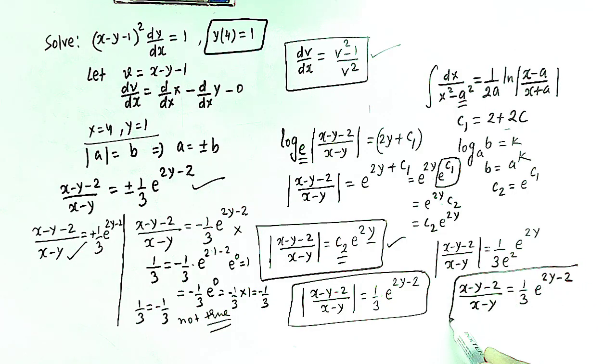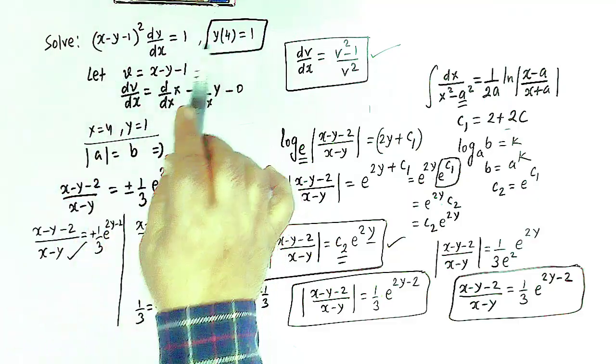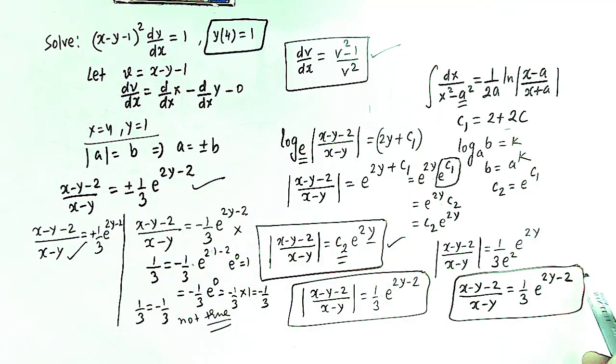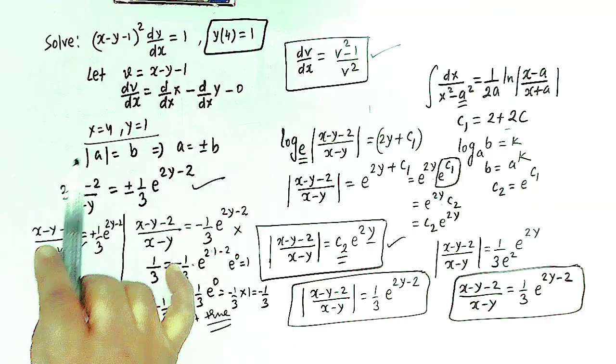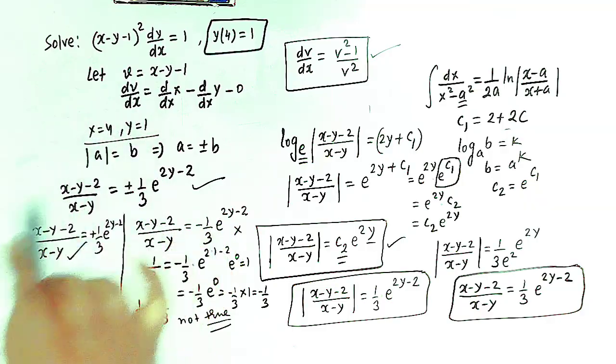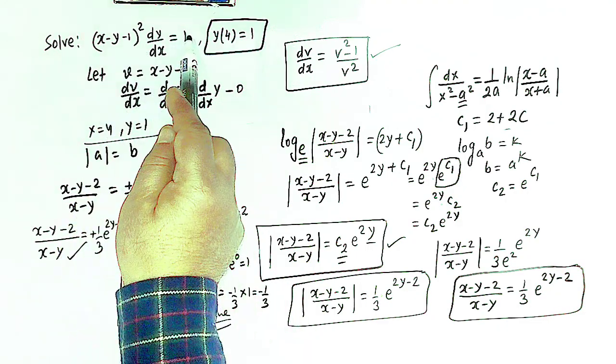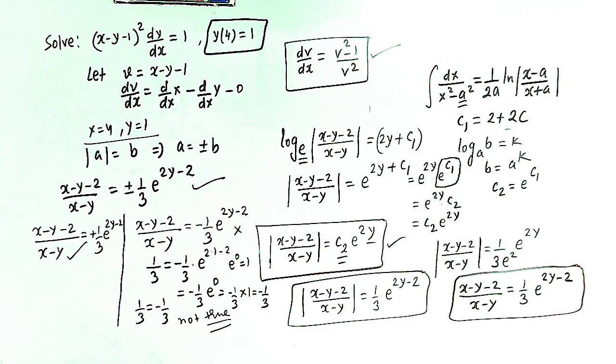So this is the required particular solution of this differential equation, because this expression satisfies these values, x is equal to 4 and y is equal to 1. So this is how we can solve these kind of equations which can be reduced to variable separable form.